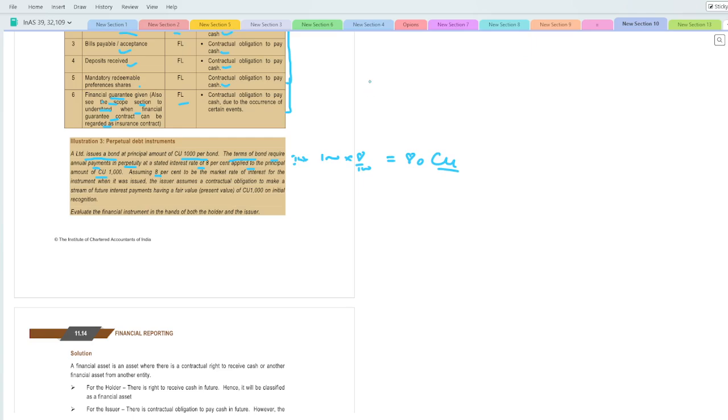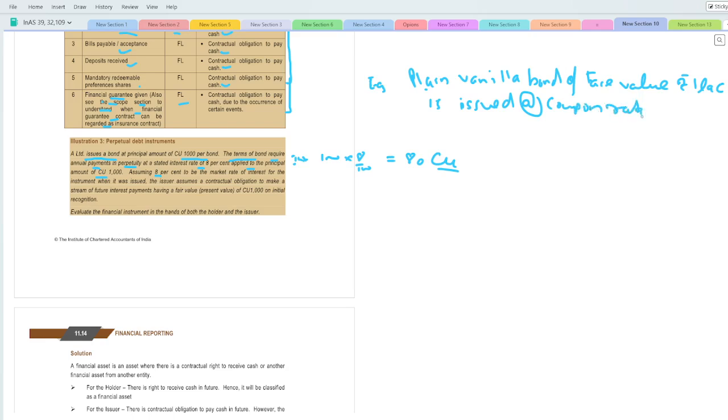Okay, so just I'm giving one example here. A plain vanilla bond of face value rupees 1 lakh is issued at a coupon rate of 10% per annum.